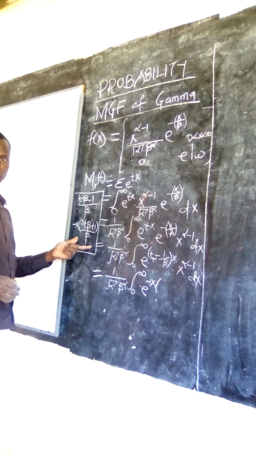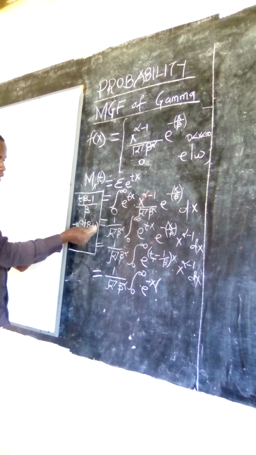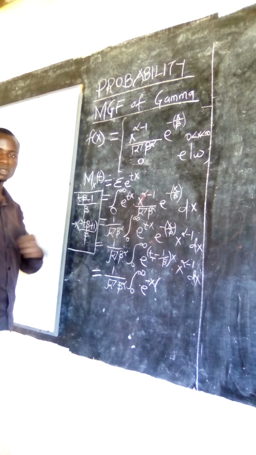This is what I'm talking about. And according to BODMAS, the positive comes first when a negative follows. Therefore I'll write 1 minus tβ over β. So it is now negative x into (1 − tβ) over β.